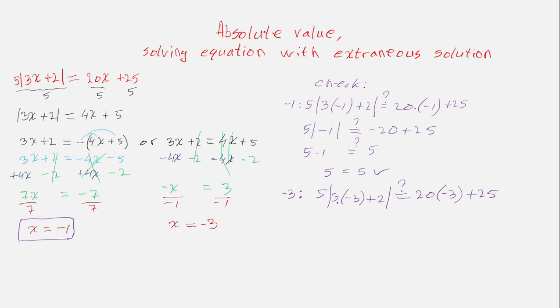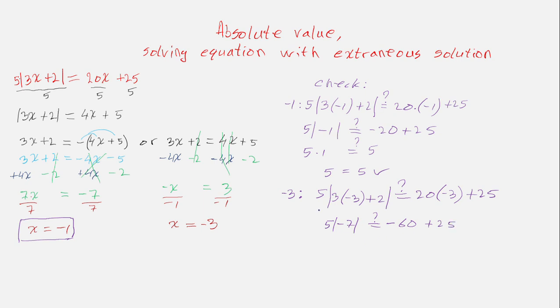Inside the absolute value, we have 3 times -3, which is -9, and then plus 2 is -7. So this is the absolute value of -7, times 5, equals 20 times -3, which is -60, and then plus 25.